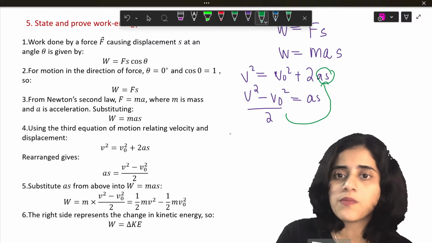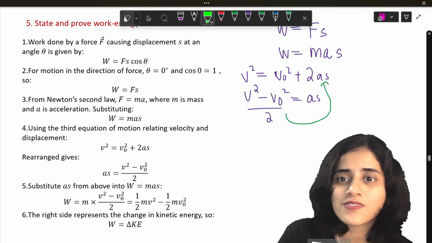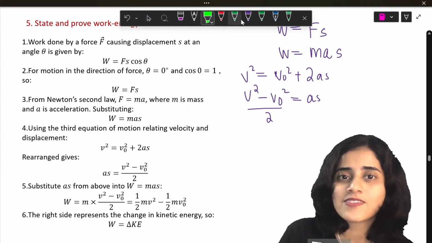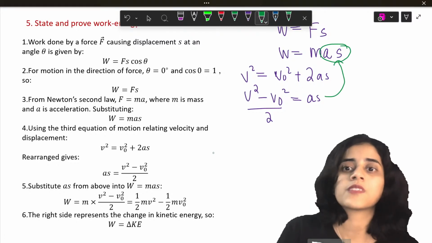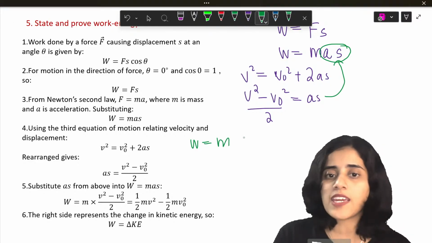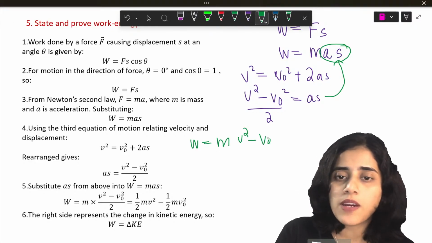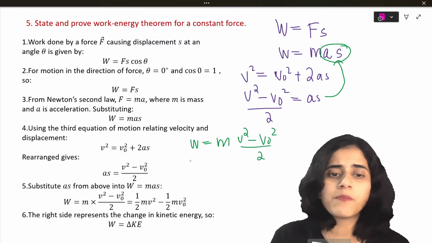So what will my equation be now? This I can substitute it here. So now my equation will be W is equal to M into, instead of as, I'll write (V square minus V naught square) by 2. And then simply opening brackets.